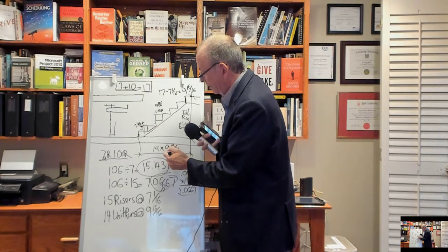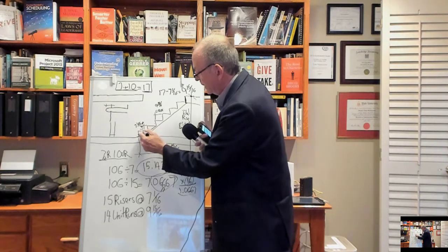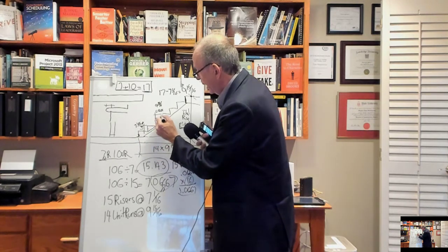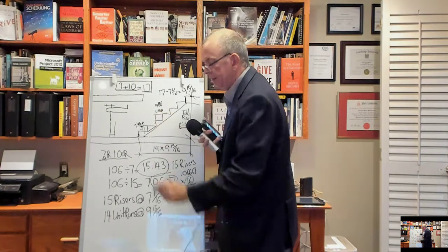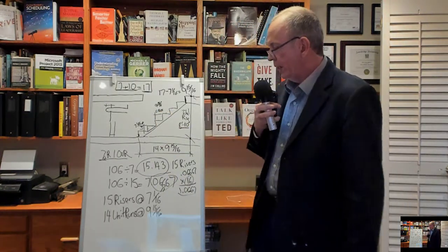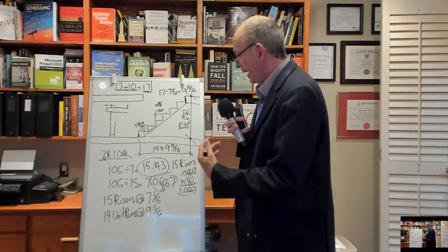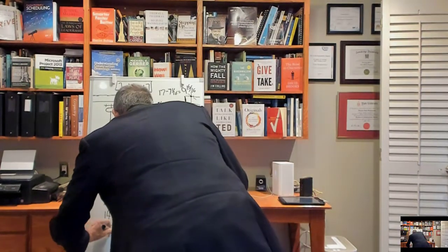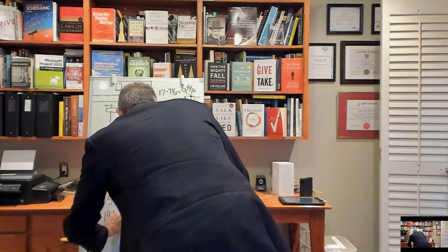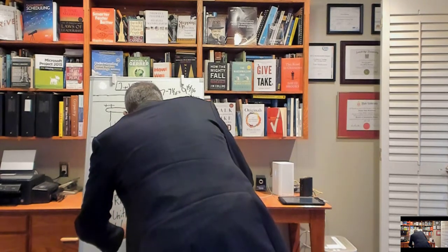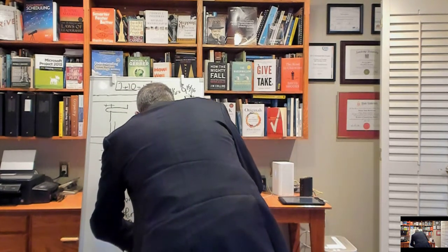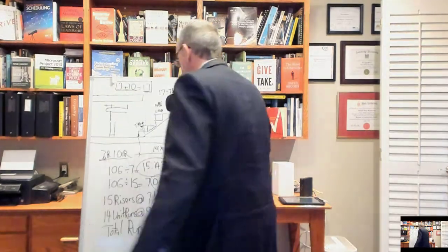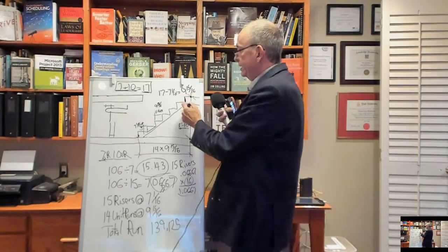Then I multiplied that by 14 because there are 14 treads, always one less than the number of risers. So when I multiplied that out, that gives me a total run of 139.125.